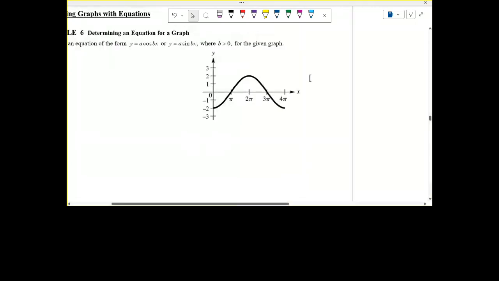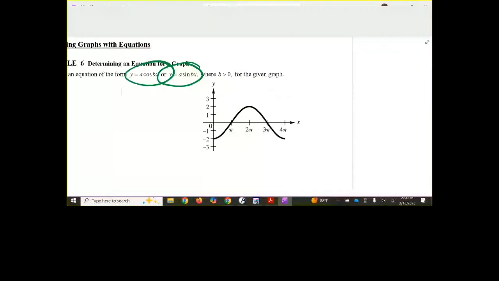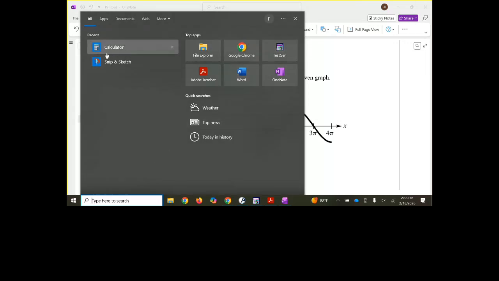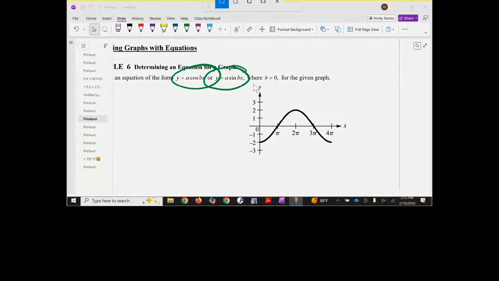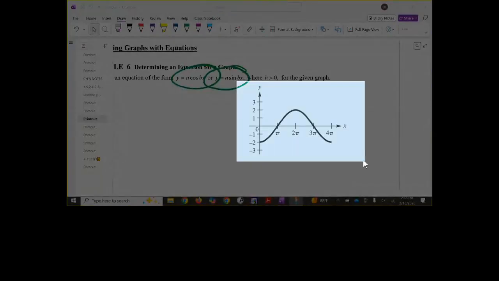They're telling me it's going to be in one of two formats: either a sine graph or a cosine graph. Let's take a little snapshot of that picture, and let's take a little snapshot of this guy.